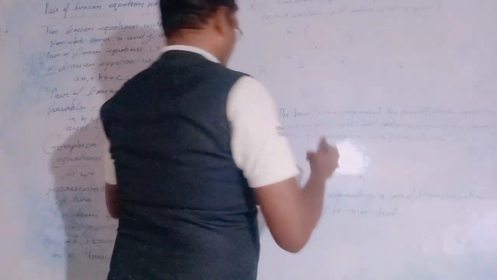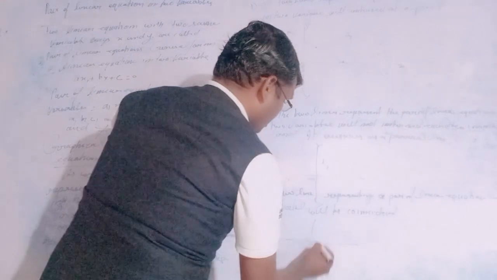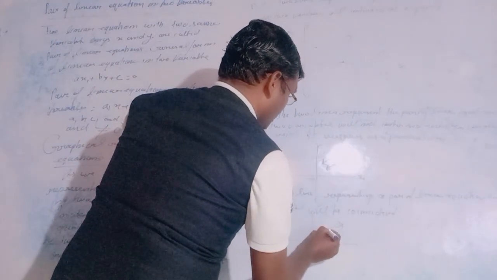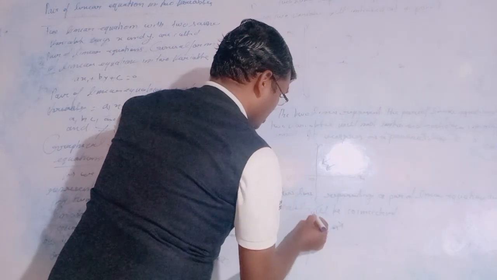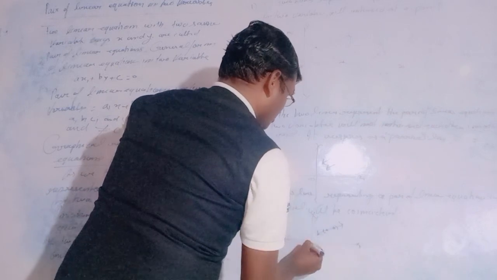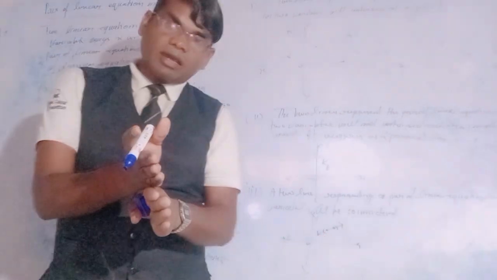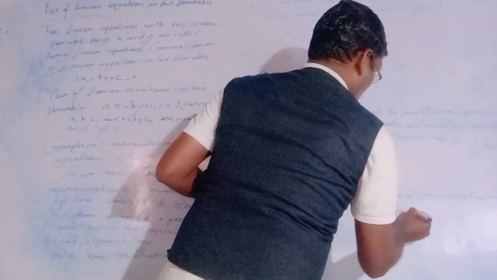Coincident means, suppose these are the graphs, here are two lines, one point here and a second point here. So it is coincident, meaning one line overlaps the other line, they overlap each other.